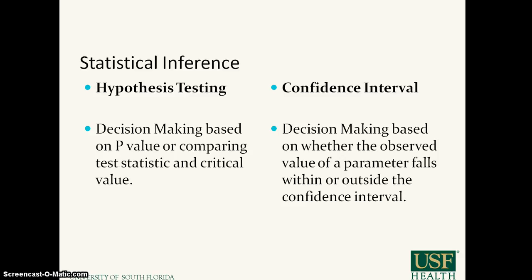So if the observed value of the parameter falls within that confidence interval, then we think there's no statistically significant difference between the true value and the observed value. Okay, so we tend to accept the null hypothesis in that case. Okay, so there are two types of statistical inference: hypothesis testing and confidence interval.